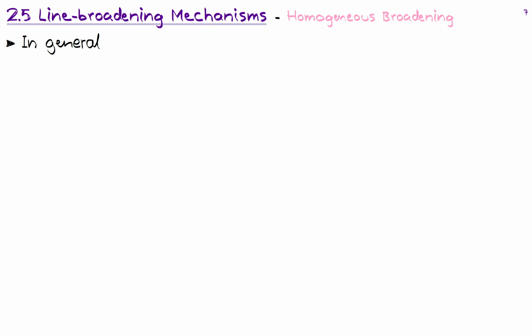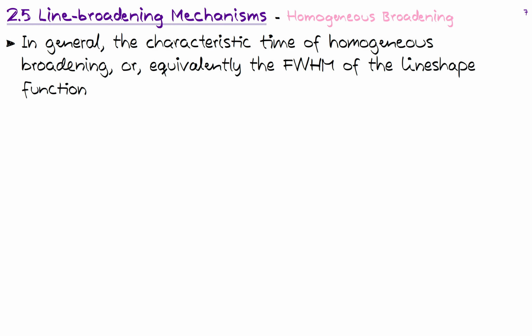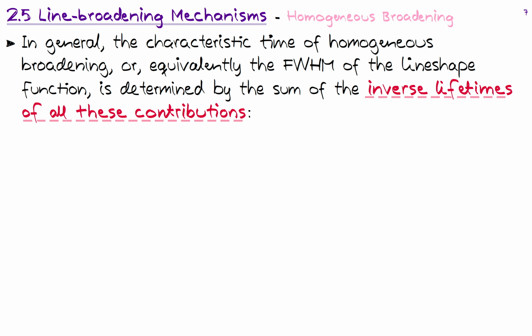we consider. In general, the characteristic time of the total homogeneous broadening, or the equivalent of a full width half maximum of the line shape function, is really dictated by all these processes we just introduced. So essentially, it's determined by the sum of the inverse lifetimes of all these contributions.